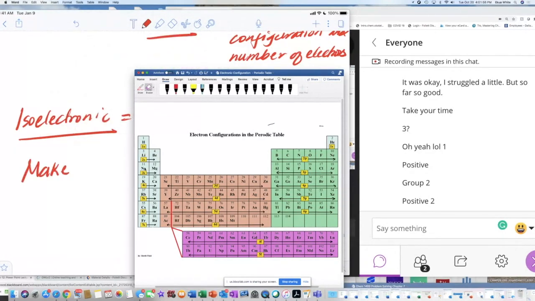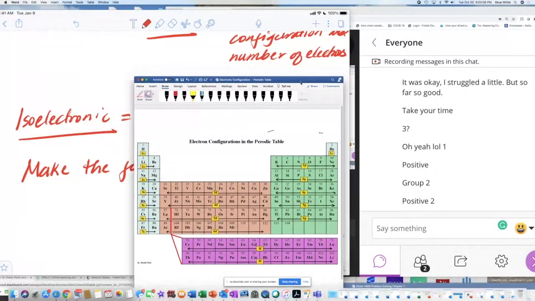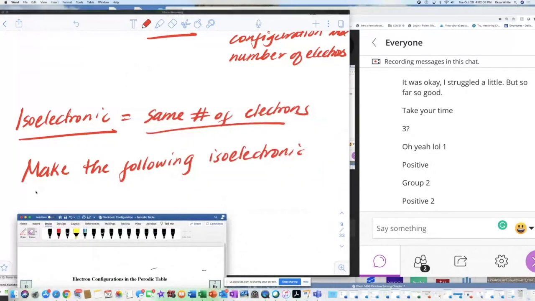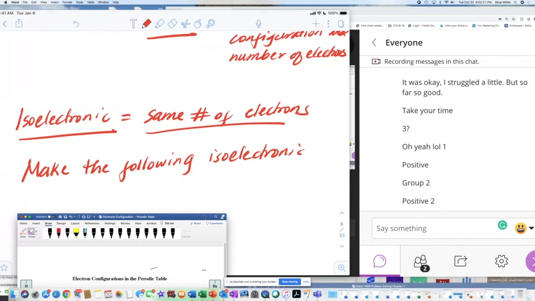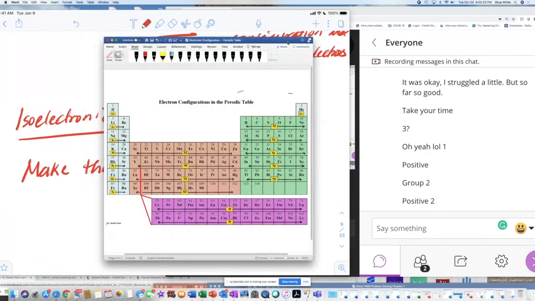Make the following isoelectronic. Now, you don't have any homework question that asks you this, but I'm making up a question, and as we're answering it, we're learning the concept of isoelectronics. So I'm going to make the formulas that I'm going to give myself have the same number of electrons. How do I do that? Let me select a series of elements.